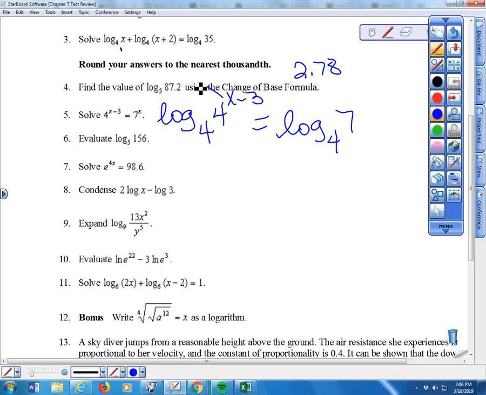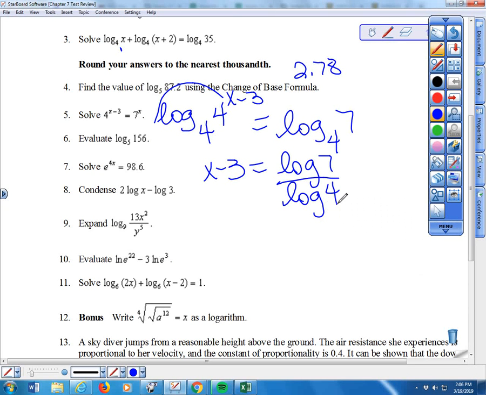Now this comes down, and what's log base 4 of 4? Yeah, so I just have x minus 3 here equals log base 4 of 7. Am I doing that right? Wait, where'd my x go? That's my problem.